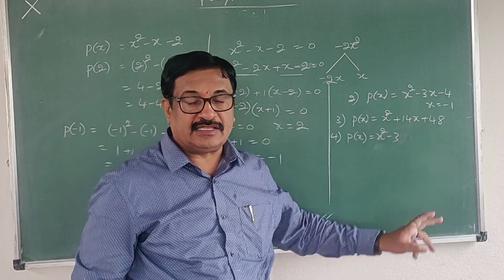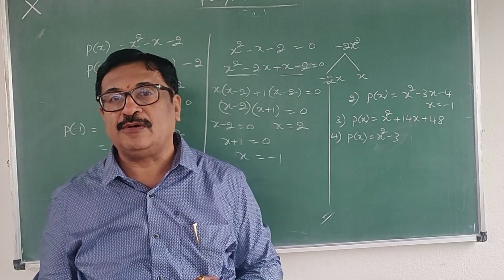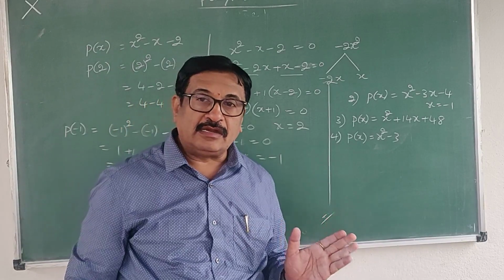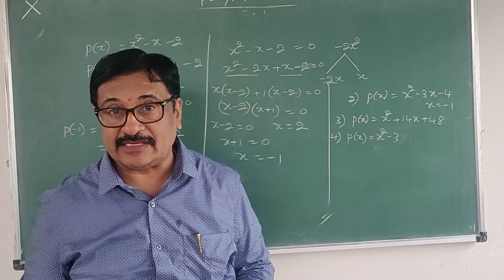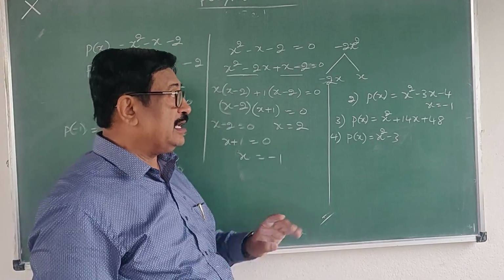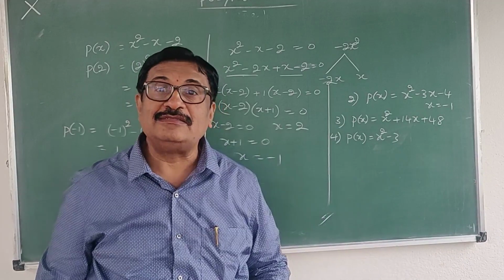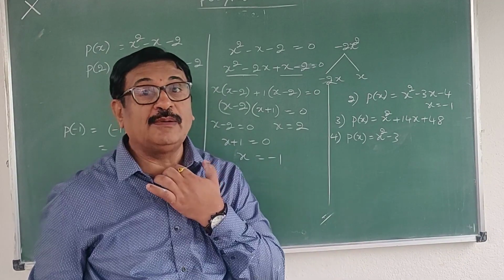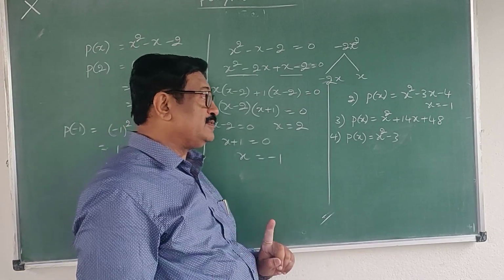After factorization, you get two factors, equate each factor to 0 and it becomes a simple equation. Transpose the numerical value to the other side, you get the value of x. You get two values of x. Now if you substitute those two values separately for x, you get the result 0. Hence we conclude that a quadratic polynomial has a maximum of two zeros.